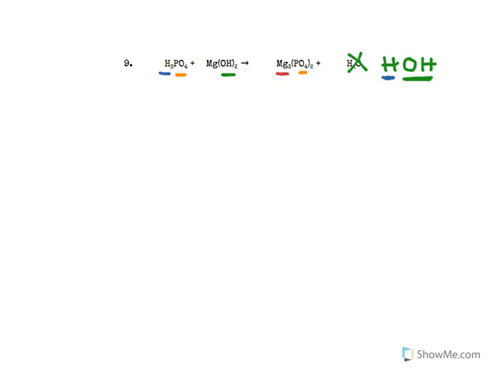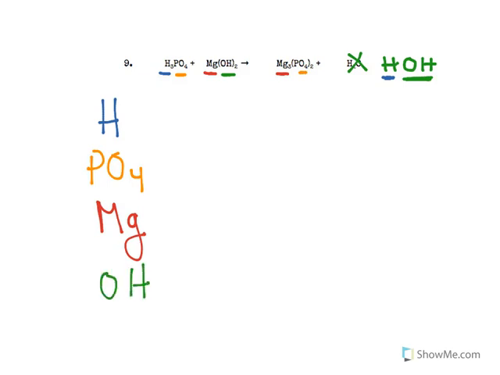So what I'm doing here is I'm sort of underlining the 4 different elements or compounds that I'm going to balance. So I'm going to balance the blue hydrogen, the orange phosphates, the red magnesiums, and the green hydroxide groups.